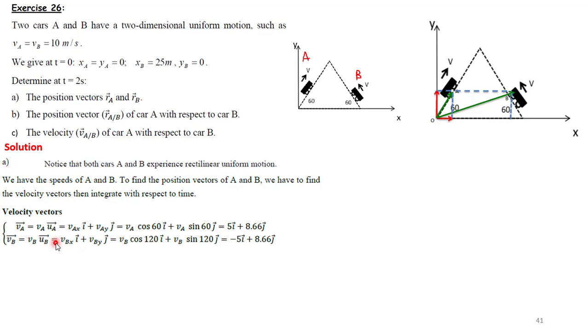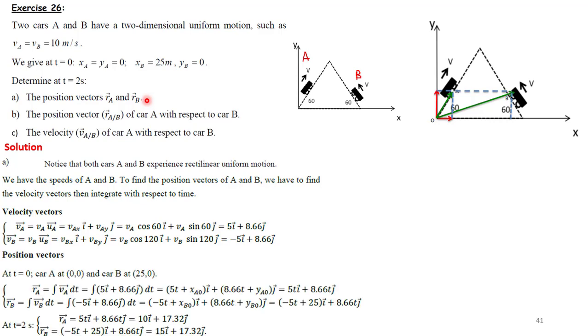Now that we know VA and VB, we can deduce RA and RB by simple integration over time. RA is equal to the integral of VA dt, because VA is equal to dr over dt. VA is equal to 5I plus 8.66J, and RA is the integral of this quantity dt.